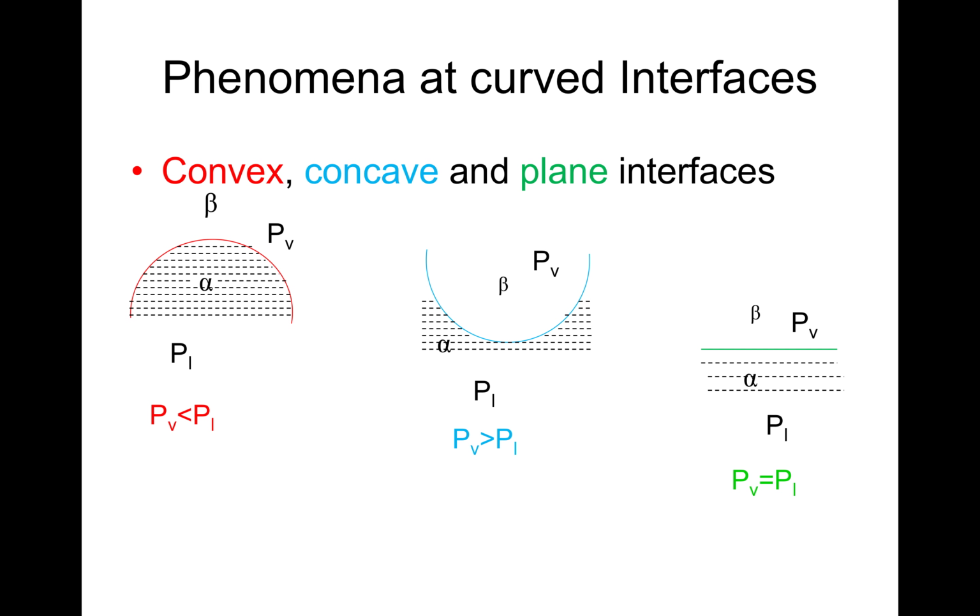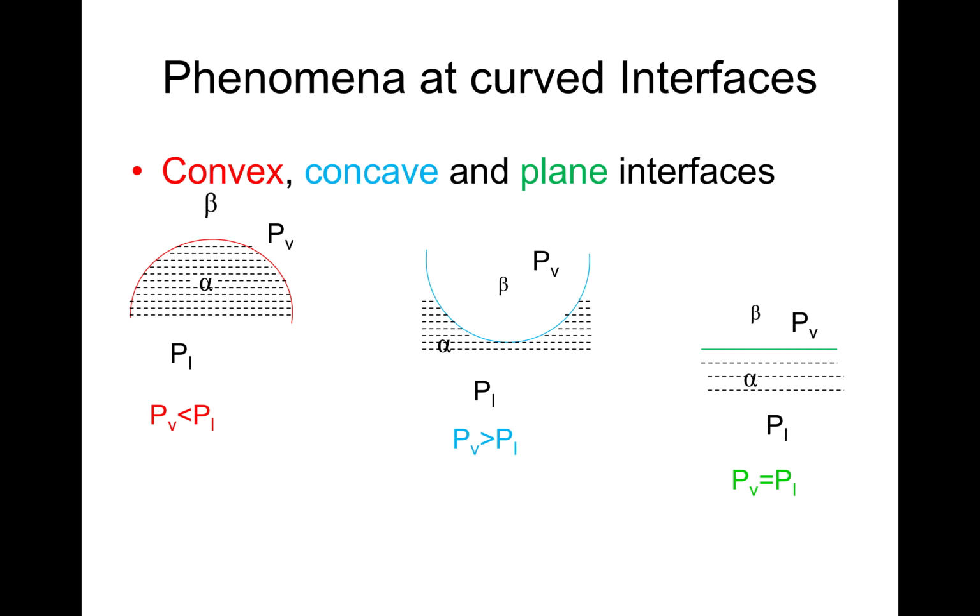This is because PL, that is in alpha, has an extra force from surface tension. If we look at a concave interface, that's the one in blue, we have beta in the vapor phase and alpha in the liquid phase. In this case, PV in the vapor phase is greater than PL.